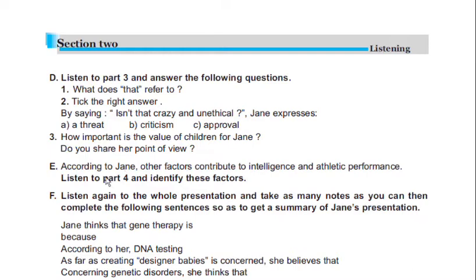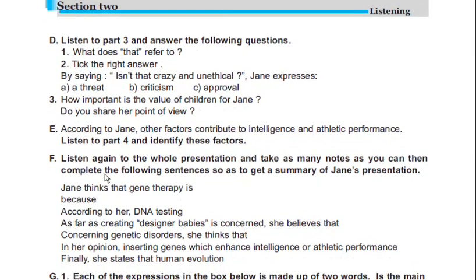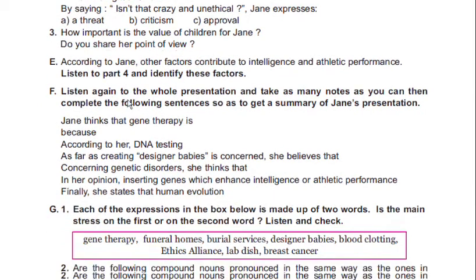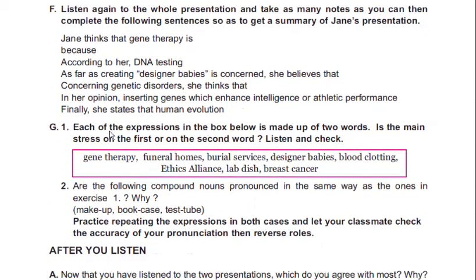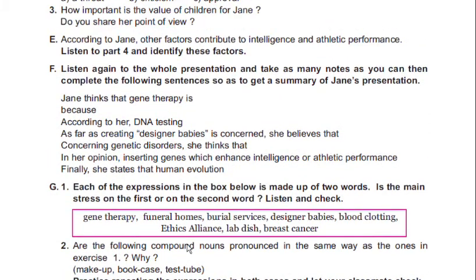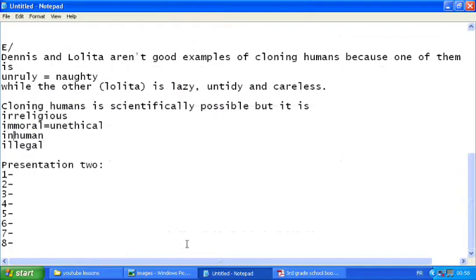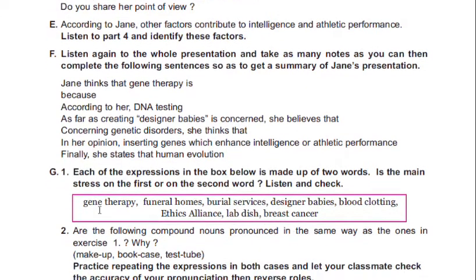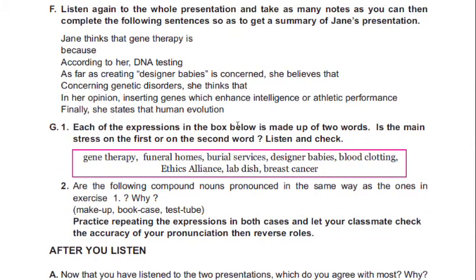Moving on to G. Each of the expressions in the box below is made up of two words.